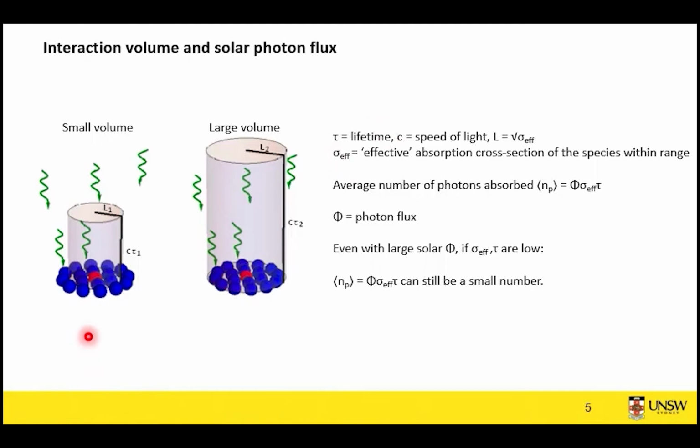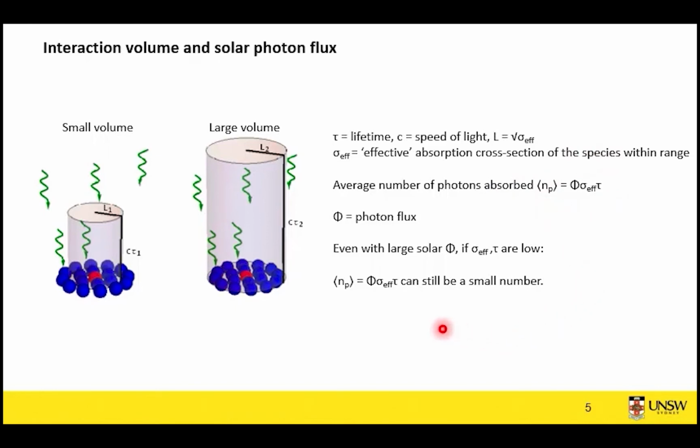Using these parameters, we define a cylinder, and on average, it's the photons arriving within this cylinder that are absorbed and result in an excitation that can interact with one that's already present. We call this average number of photons average NP, and it's defined as shown here.